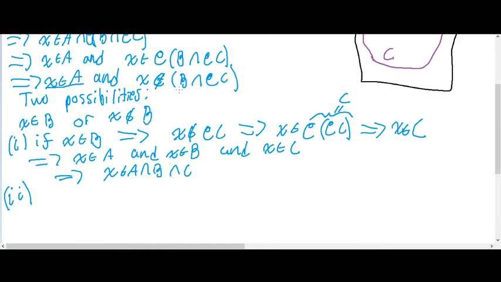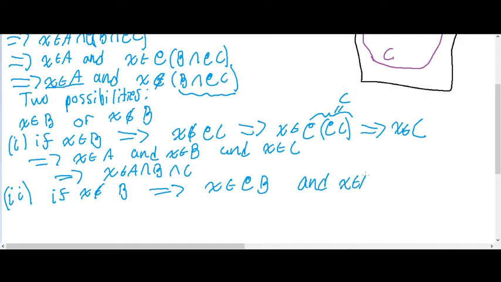Now, for case 2, where x is not in B, since x is not in one of these two sets, x must not be in B intersect the complement of C. We've satisfied the property of x not being in B intersect the complement of C already by x not being in B. So, if x is not in B, then that implies that x is in the complement of B, and x is in A because x must always be in A, by what we derived up here.